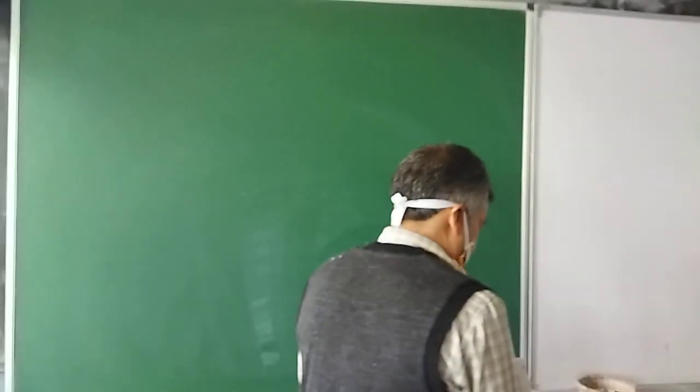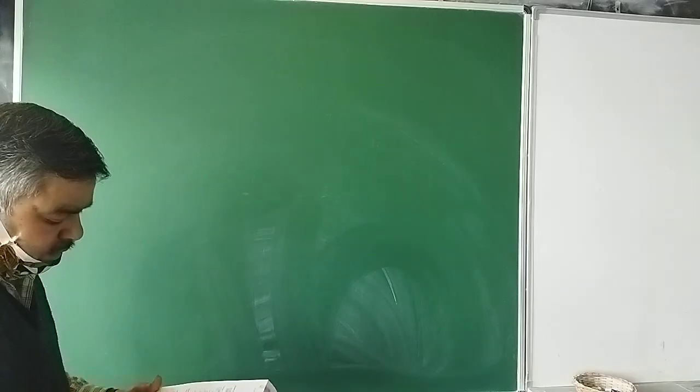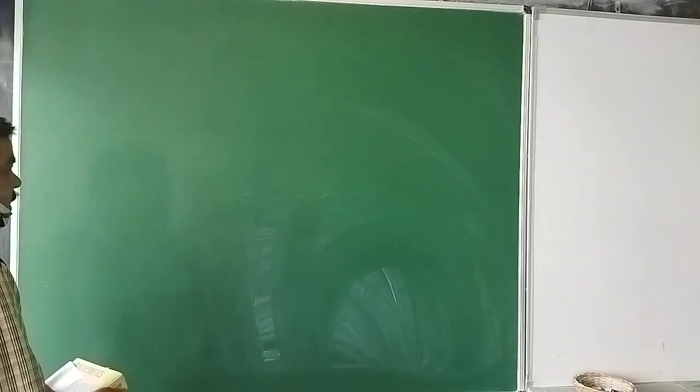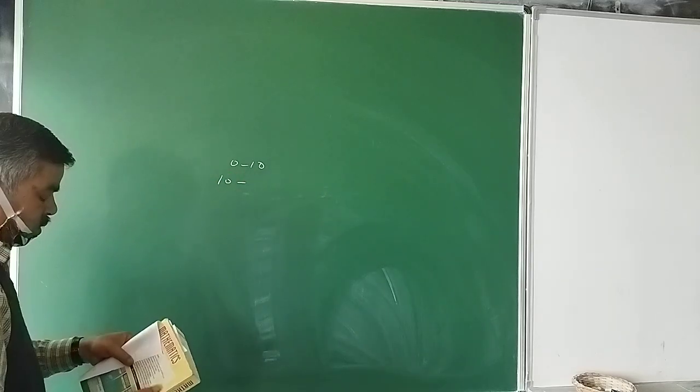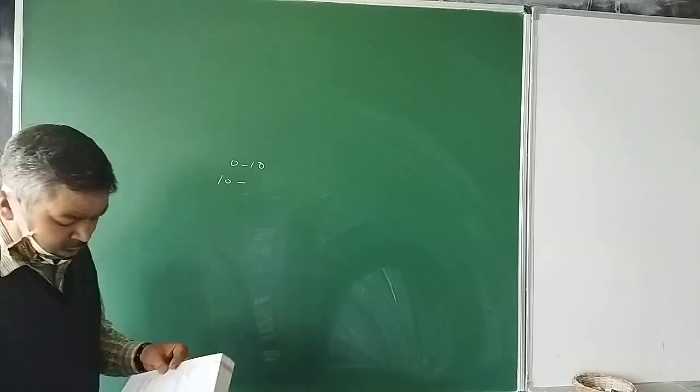Suppose I am taking a question where one frequency is missing. The data is something like 0 to 10, 10 to 20, 20 to 30, 30 to 40, then 40 to 50.